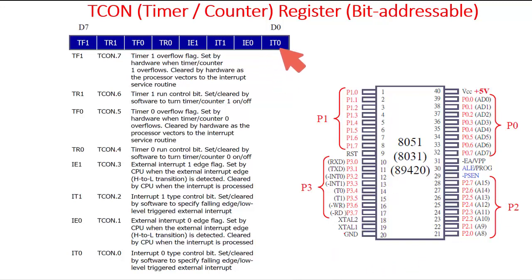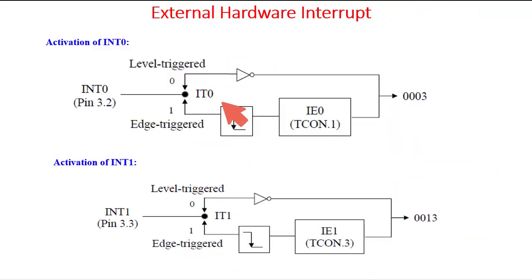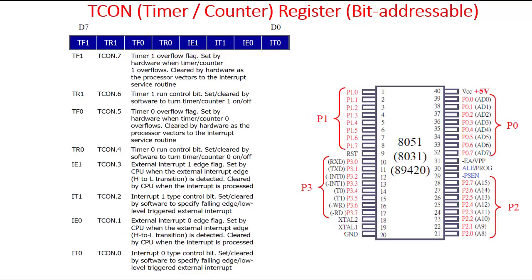See, this is IT0 and IT1. As I have already explained, this is IT0 for external interrupt 0, and this is IT1 for external interrupt 1. So for using edge triggered activation, we need to set these two bits, IT0 for external interrupt 0 and IT1 for external interrupt 1.